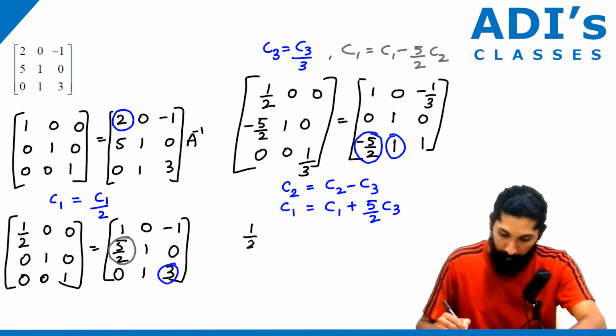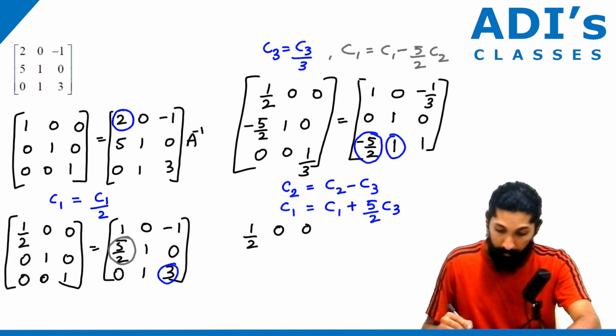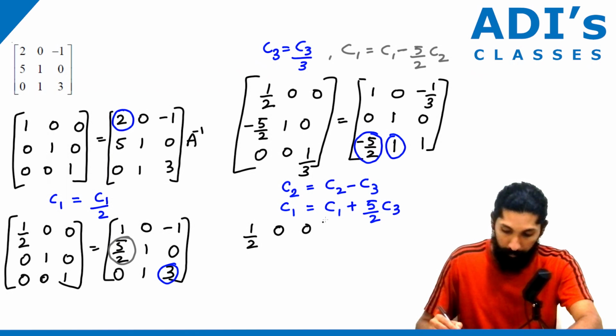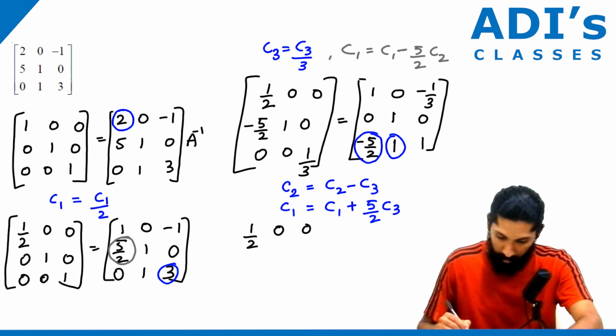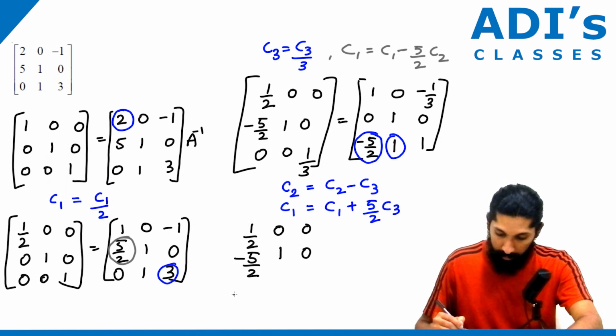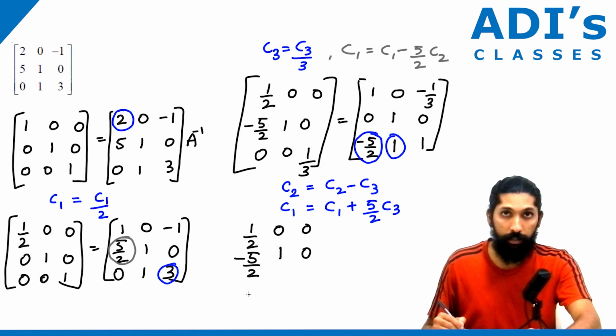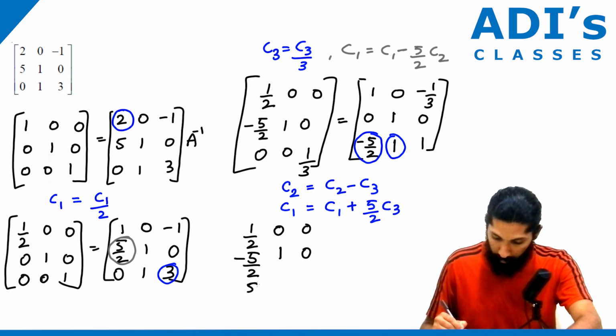This is going to be half. C2 is again 0, this is 0. C3 anyway you are not touching. The next one, 5 by 2. C1 is 5 by 2 plus 0, so this is going to become minus 5 by 2. C2 minus C3 is still 1, 0. Next is 0 plus 1 by 3 into 5 by 2. 1 by 3 into 5 by 2 is 5 by 6. So 5 by 6. Next, minus 1 by 3, 1 by 3.